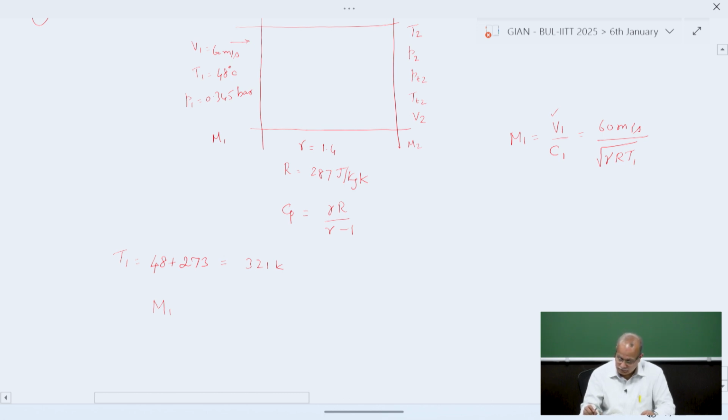The gamma value is 1.4 for air, R is 287 joule per kg K, and we already calculated the temperature T1. We are solving problem number 1. Anybody got the value for M1?